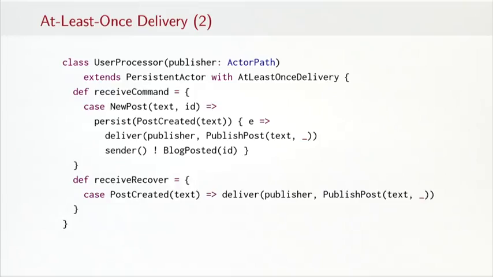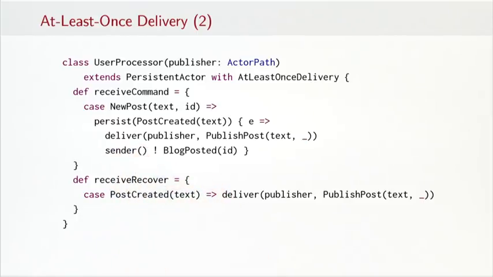Here we look at a simplified version of our blog post management actor that manages the blog posts for one user. This one extends persistent actor as the previous one, but it also mixes in the at least once delivery trait. This trait provides the deliver method.